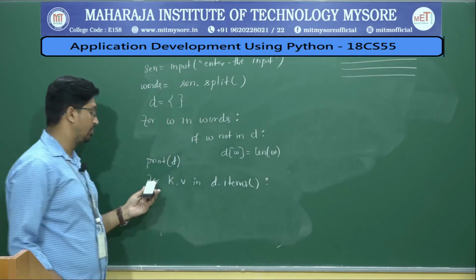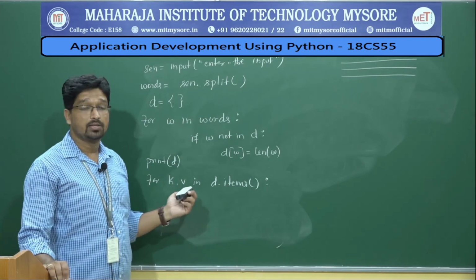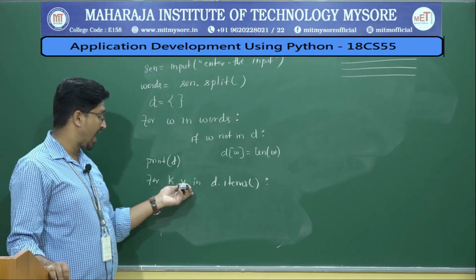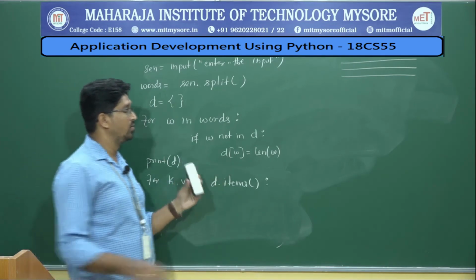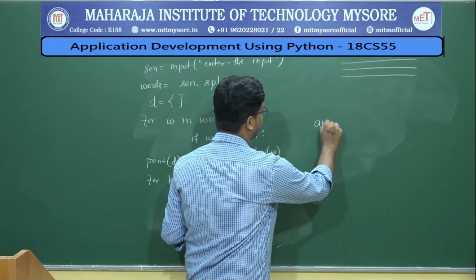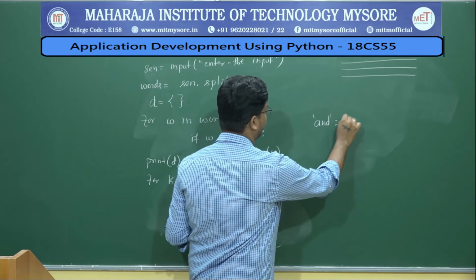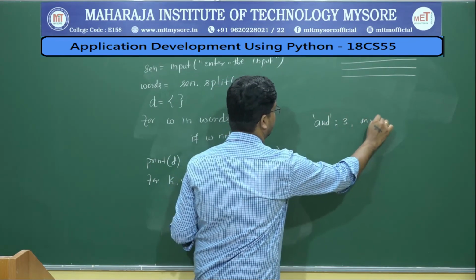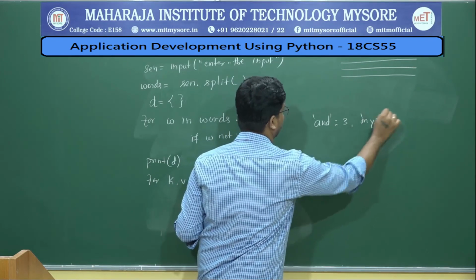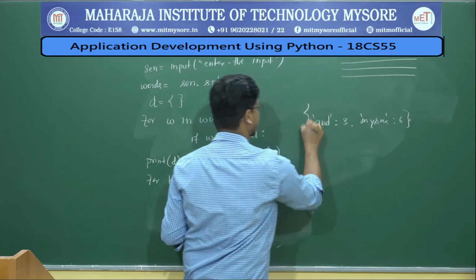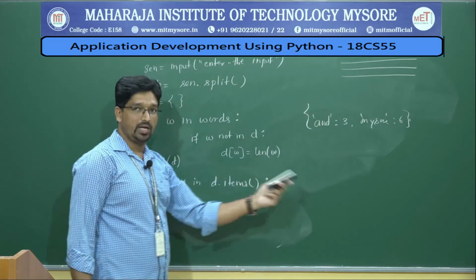We have already discussed in the previous session for key and value in dictionary. What are the key and value? As I told you, IND comma 3, Mysore 6, like this. These are the key values in the dictionary.